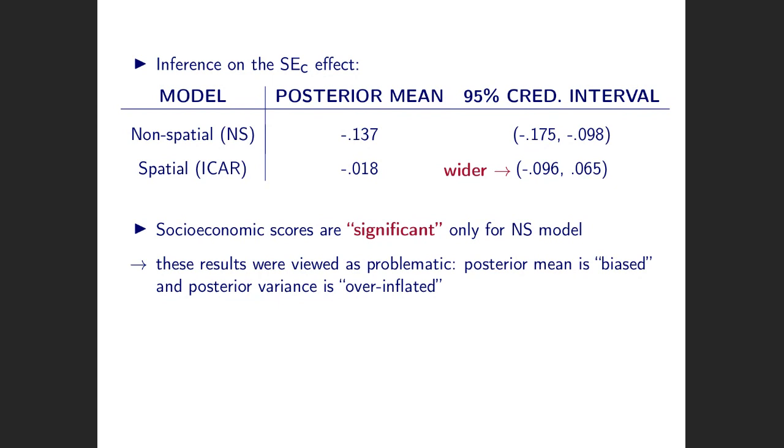They expected that if they were to fit a spatial version of the model, the coefficient would be unaffected and the credible interval would get larger, but they didn't expect that it was going to get this large. So they viewed this as overinflation of the variability in the posterior distribution.